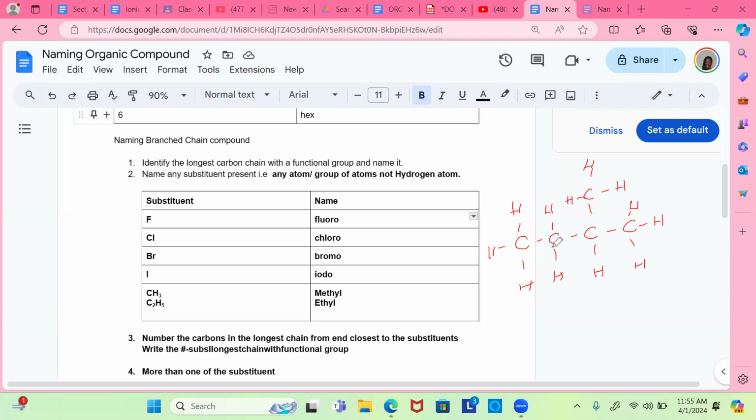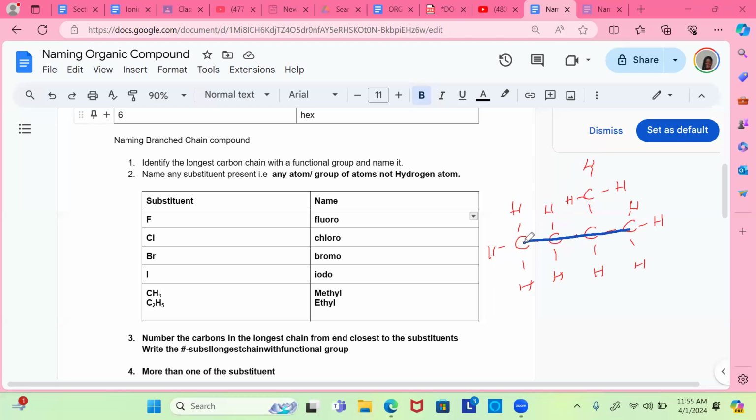So I look, I see only carbon single bonds, so I know it's an alkane. I need to find the longest carbon chain with the functional group, so I count. This compound has 1, 2, 3, 4 carbons. If I count this, I have 4, but if I count this carbon, I have to lift my finger.